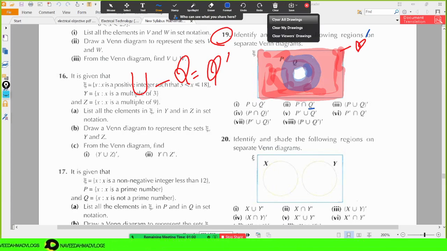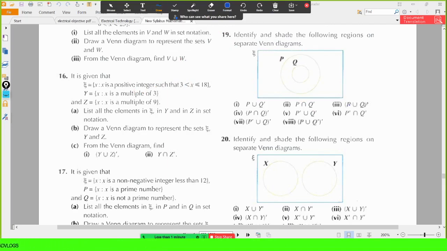Now this one: in this case, P union Q, whole universal set.